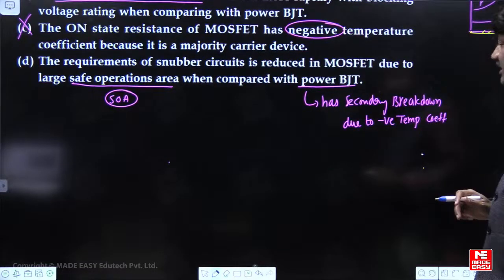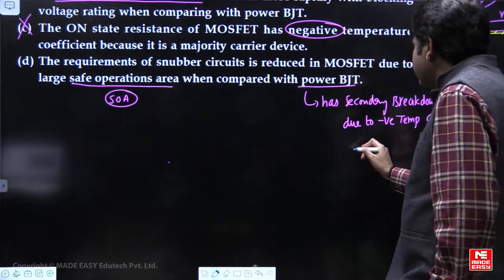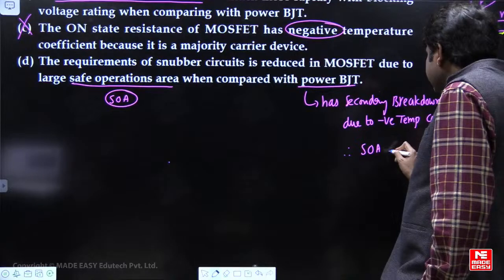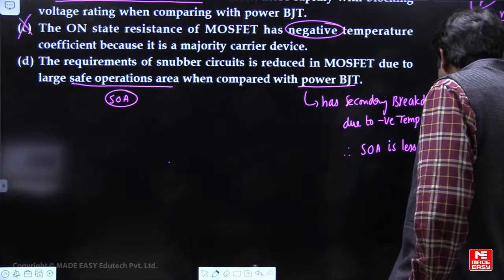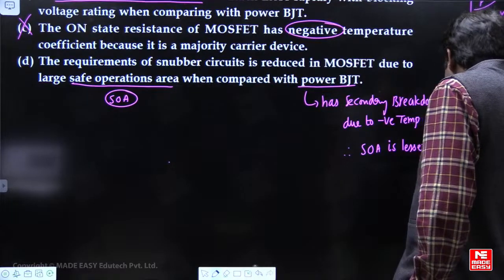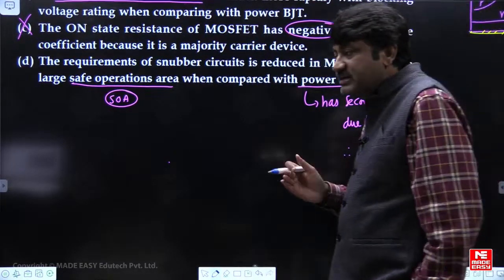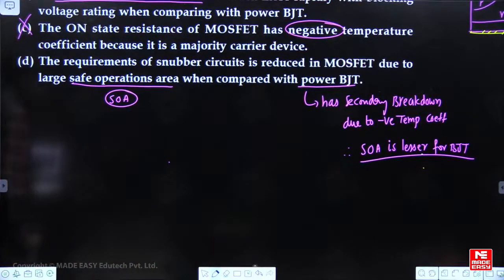So because of the secondary breakdown limit, safe operating area is lesser for BJT. That is why we need snubber circuits. If safe operating area is lesser, the possible operating points are fewer. So that is why we need snubber circuits for BJTs because of secondary breakdown.